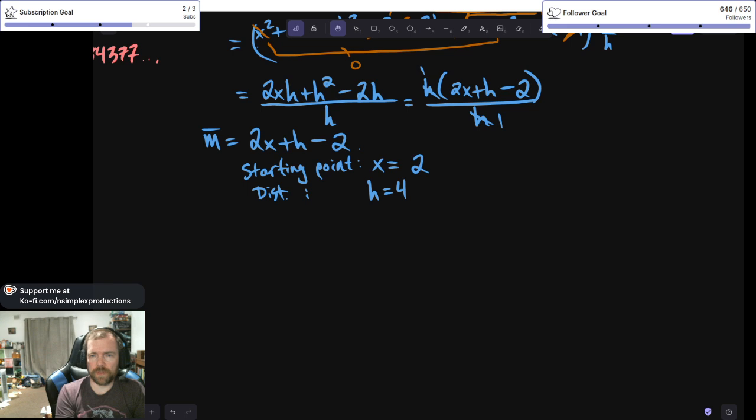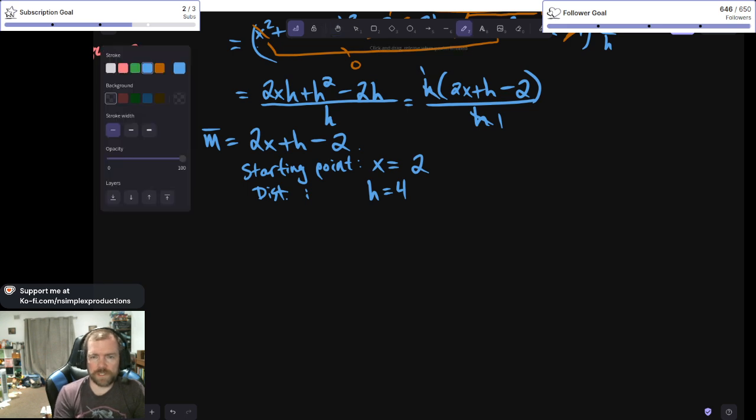So we could do something like this, which then gets us that we have m bar for this setup is going to be 2 times 2 plus 4 minus 2, which is 4 plus 4 minus 2, which is 8 minus 2 is 6.